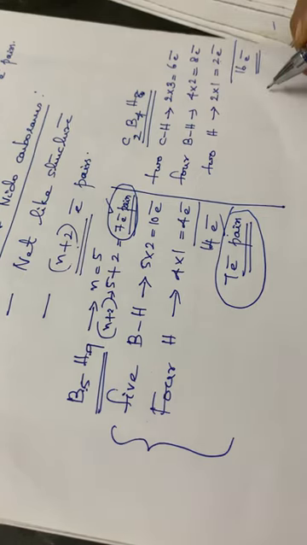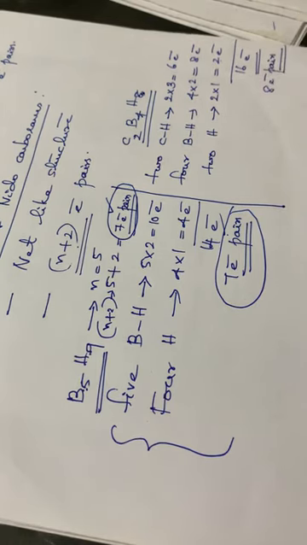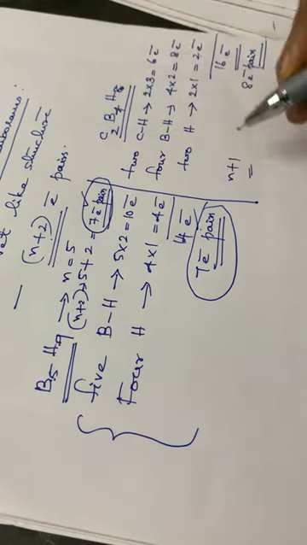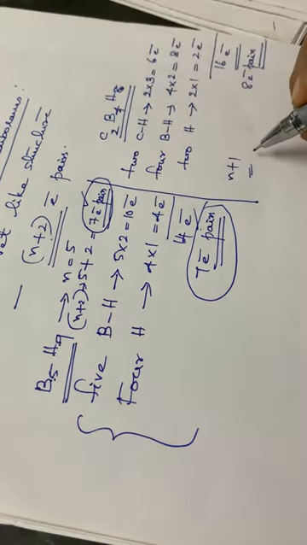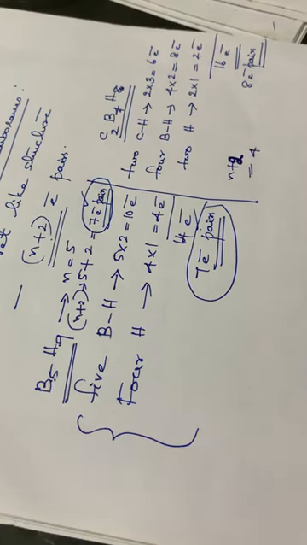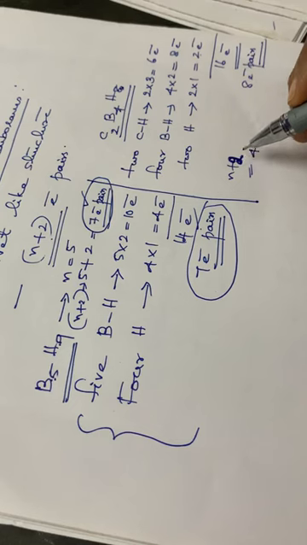16 electrons means how many electron pairs? 8 electron pairs. Now you have to apply the formula also. N is equal to the number of boron plus the number of carbon atoms, isn't it? Sorry, this is a nidocarborane, so it is N plus 2.